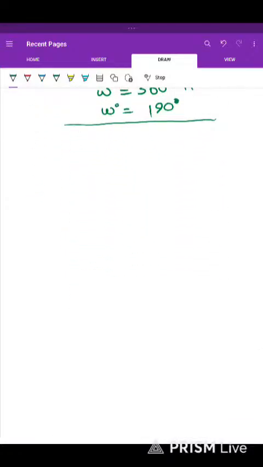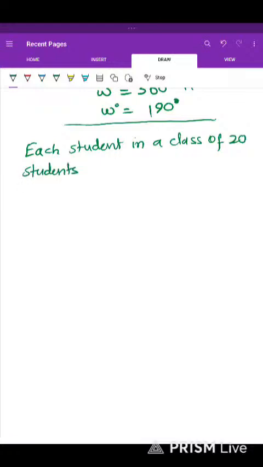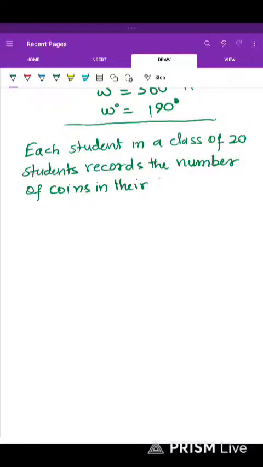So what is this about? Each student in a class of 20 students. So the number of students in the class is 20. Each student records the number of coins in their pockets.